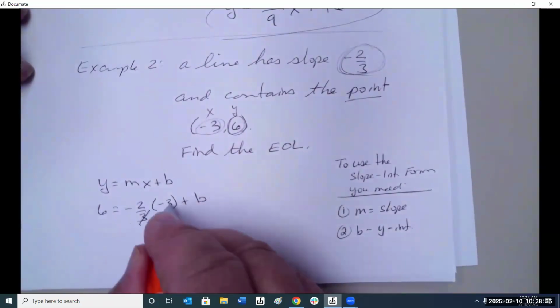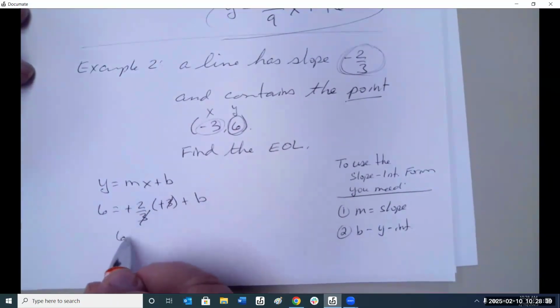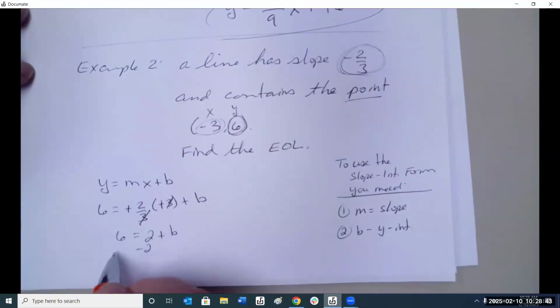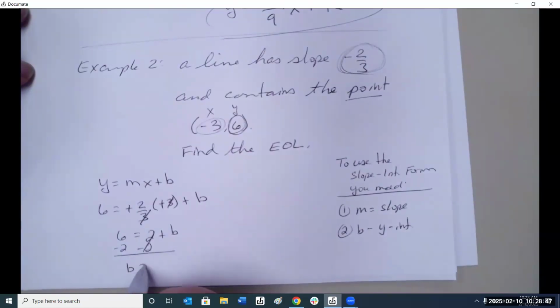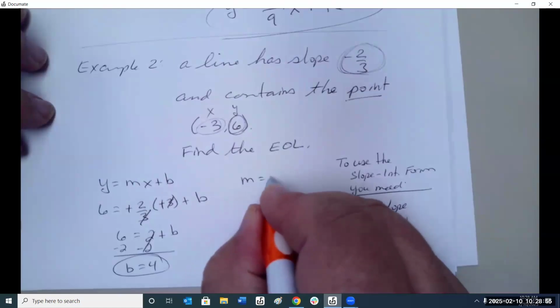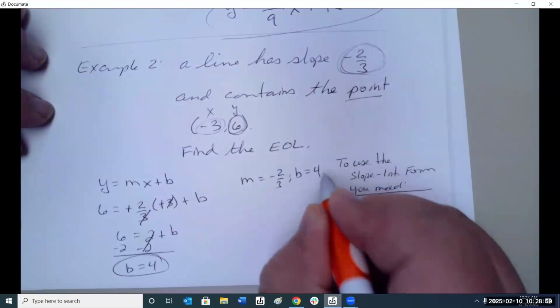The 3's cancel. The negatives cancel. So we have 6 equals 2 plus b. Subtract 2. b equals 4. So we know m equals -2/3 and b equals 4.